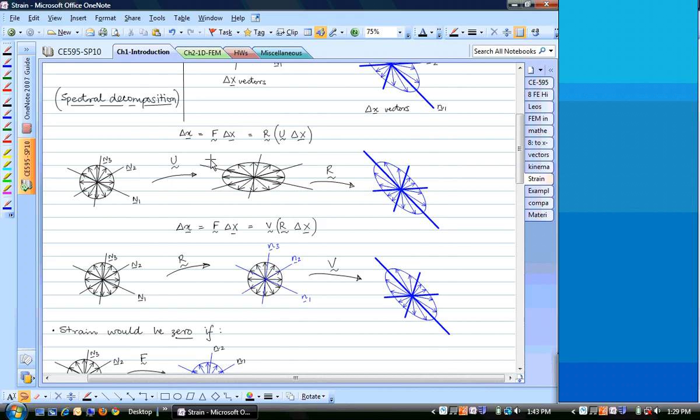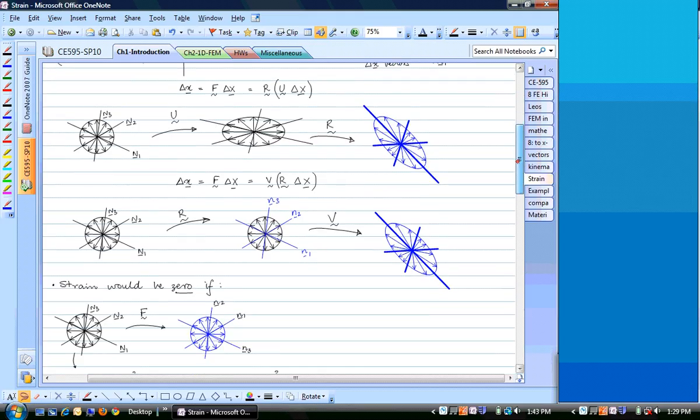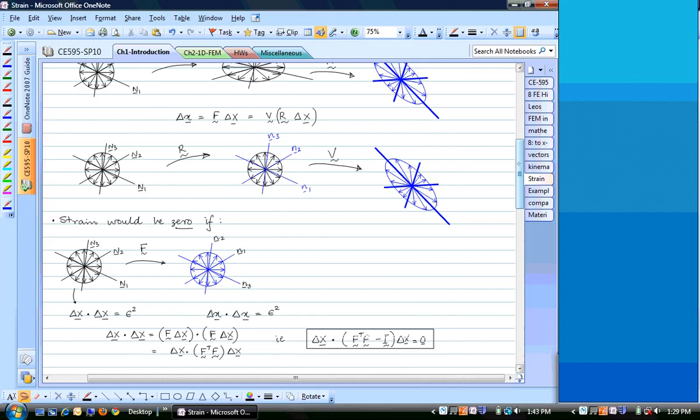Okay, and why is it important? Right here. So we all know that strain in a body is measured by the changes in the deformation. But how do we classify a case when strain would be 0, right? So what we are saying is that if the initial configuration is something like this, all the initial vectors are like this, and if we apply a deformation F, and it still stays the exact same sphere, but perhaps there are some directions that are rotated.